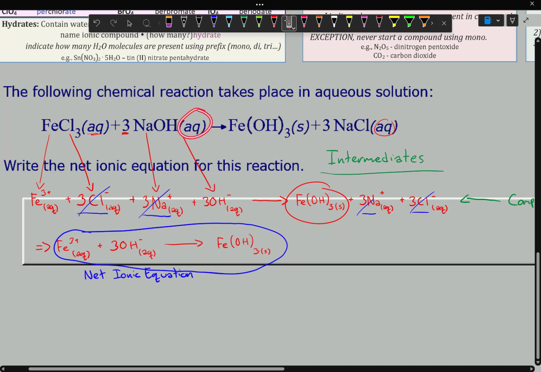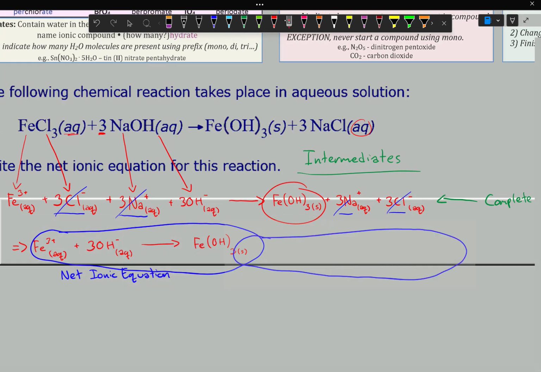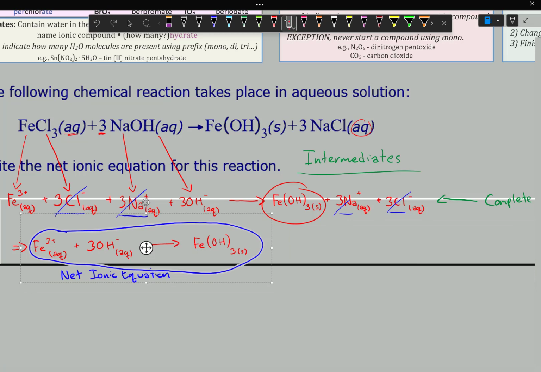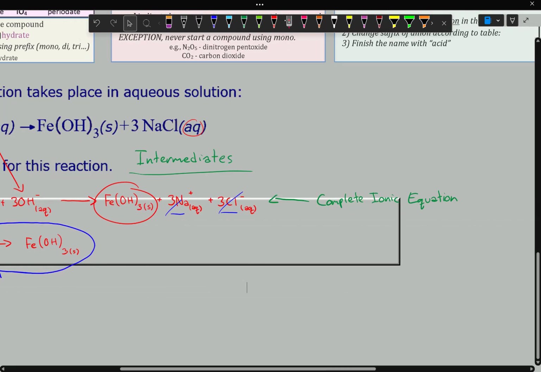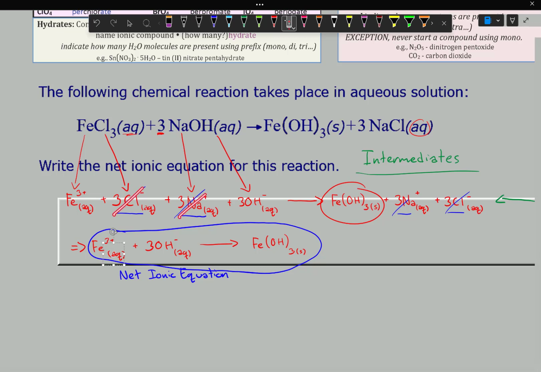Only the aqueous terms. So if there was a liquid in there, a liquid term, you wouldn't split that. Just the aqueous. We split the aqueous terms into their ions, and we write them all out, and that will give us a complete ionic equation. This question is asking for the net ionic equation. We can get the net ionic equation by canceling the intermediate terms, that is, the terms that appear on both sides of the equation, and we are left with the net ionic equation.